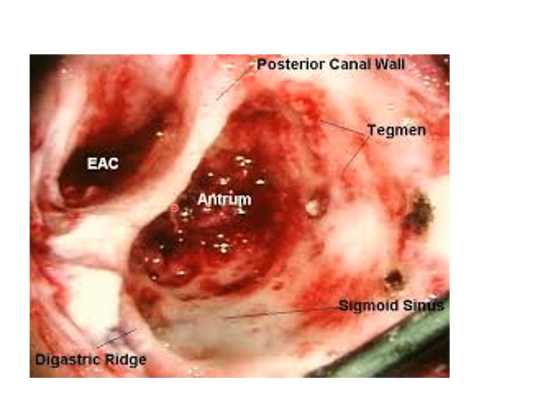So what we do more to make it a modified radical mastoidectomy is remove this posterior canal wall. We drill this out till the facial canal. So the external auditory canal, the middle ear, and this antrum all become one single cavity.